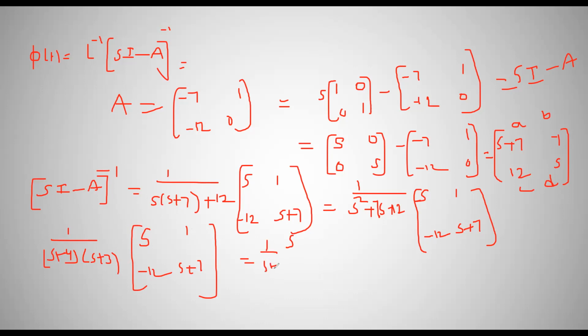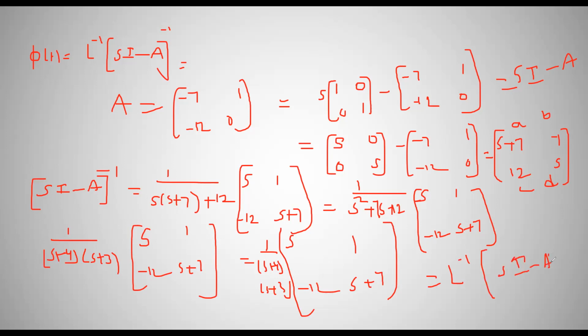S plus 4 into S plus 3, S, 1, minus 12, S plus 7. Laplace inverse of SI minus A whole inverse. You apply the partial fractions in every term. So each and every term, apply the partial fractions.